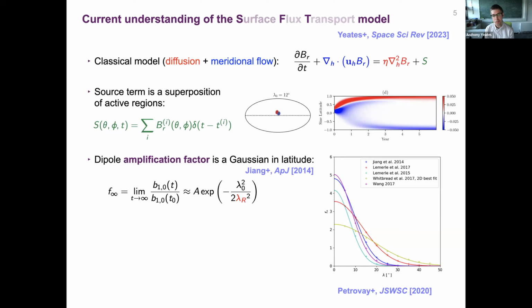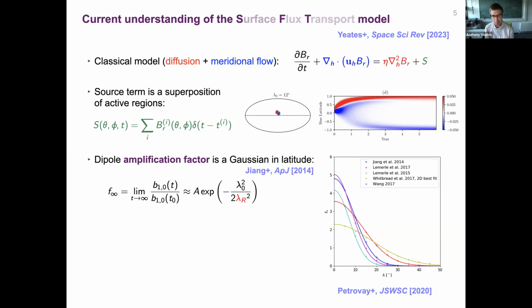What I mean is, if you take the axial dipole moment of the region when it emerges, and you ask whether this will be enhanced by its subsequent evolution or will it decay, because ultimately this is what produces the polar field, the long-term dipole moment, you find that the amplification factor is a Gaussian function of latitude, where I mean the latitude where the bipole, or active region, originally emerged.